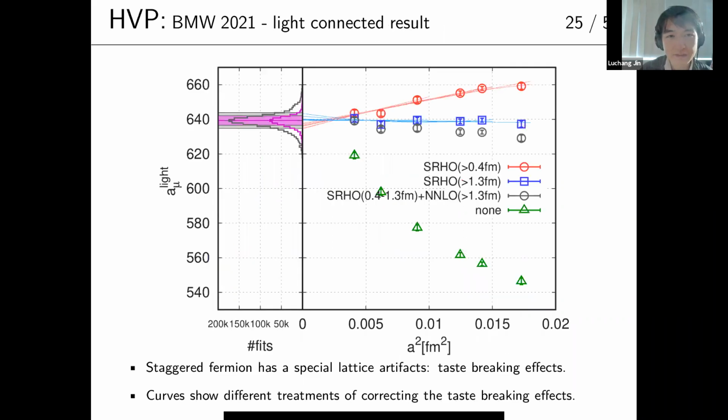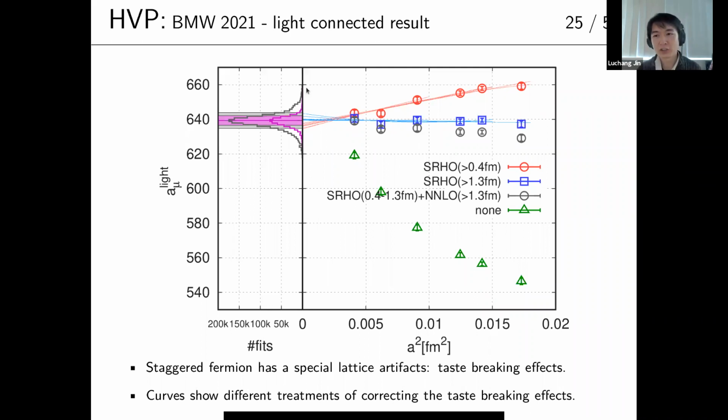And then they also have this continuum extrapolation, similar, but for the entire light connected contribution. In this case, the continuum extrapolation is mostly done for the ones with corrections. The one without correction, if we extrapolate, we'll get a quite off result.